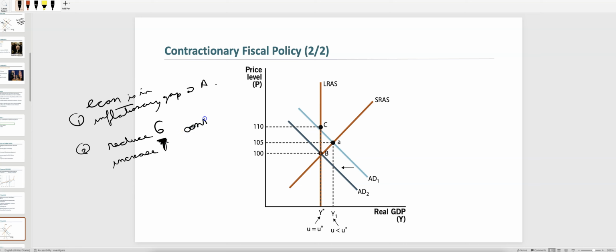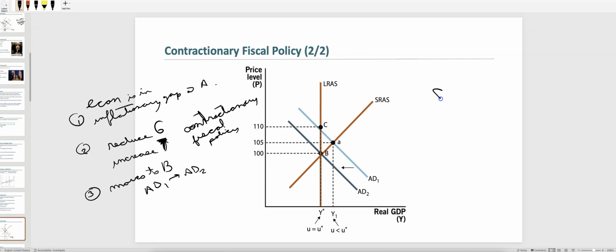So you'd want to do this contractionary fiscal policy. And so what that does is it moves us to B. So that'd be from AD1 to AD2.